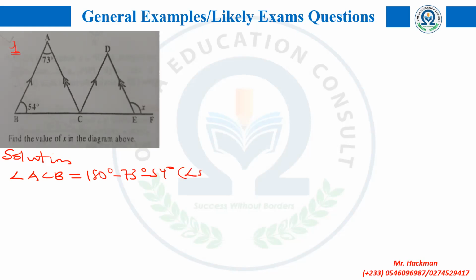Angles in a triangle. Somebody can write 73 plus 54 degrees plus this angle should give you 180, then state that same reason there. It's allowed, I have given that in the refined way, so it's the same thing. I was not asked to find angle ACB, so I don't conclude with angle ACB. So angle ACB will be equal to, and here I'm waiting for the answer.